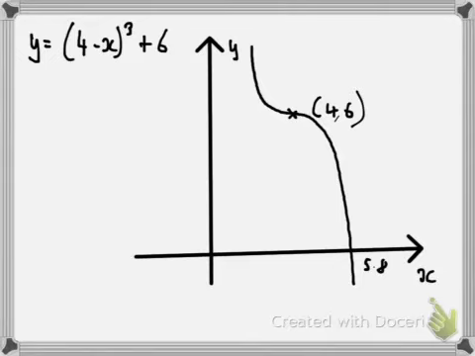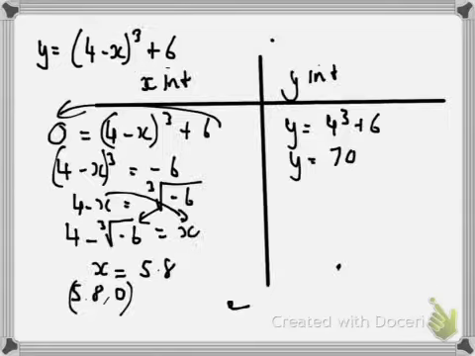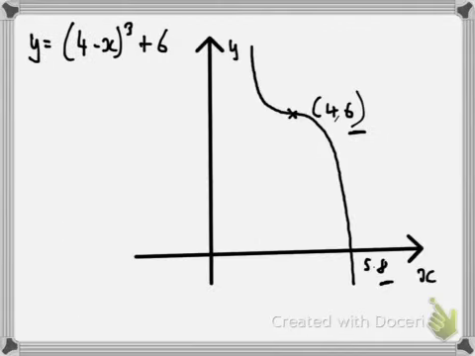Okay, last slide. We've got 4, 6 as our point of inflection, 5.8 as our x-intercept, and our y-intercept was 70. Once again, in the interest of drawing this to scale, I'm not going to draw the graph way up to 70, but that's where it would cross the y-axis. Let's look at what transformations have occurred. First of all, there's no dilations.